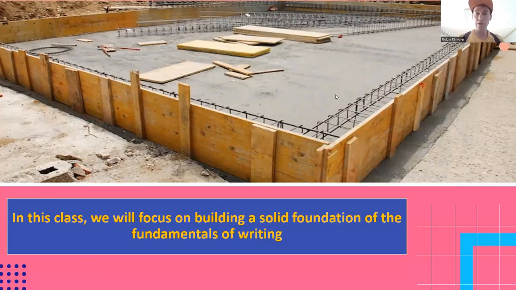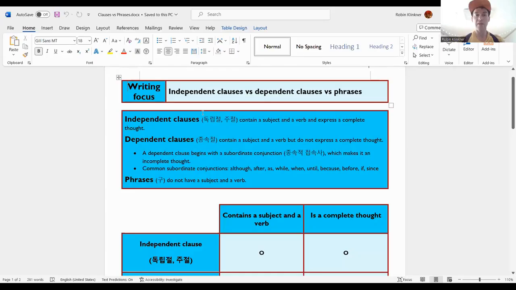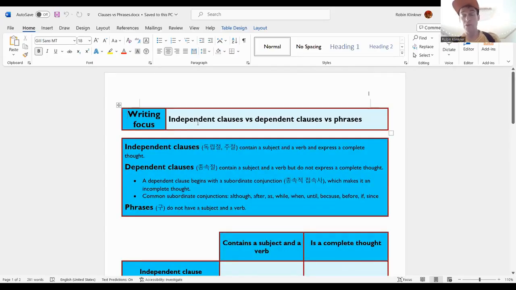Now, let me just point out that in this video, I'm going to refer to two Microsoft Word documents. The first Microsoft Word document is this one right here called Clauses and Phrases. So this is the first one that I'm going to cover, and then we're going to move on to a second file.